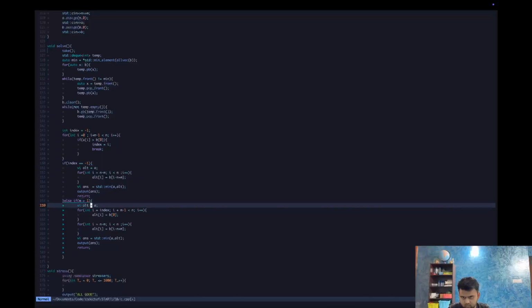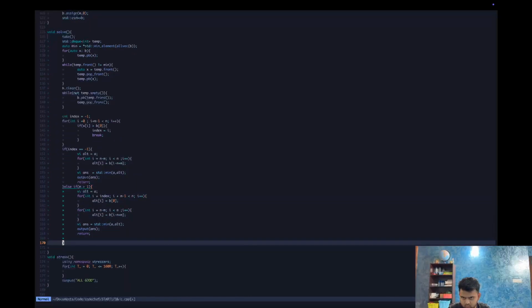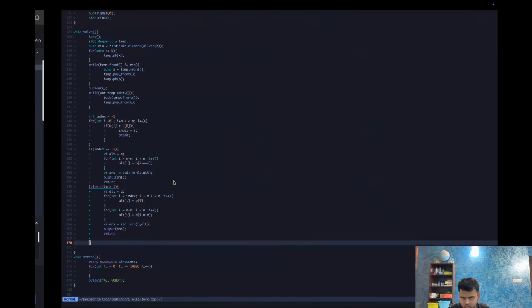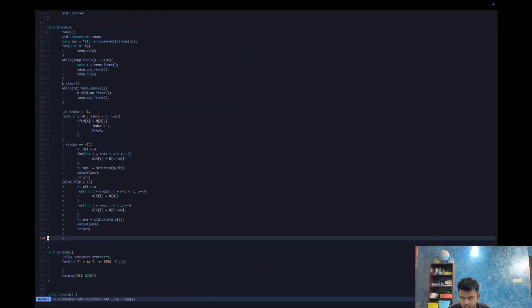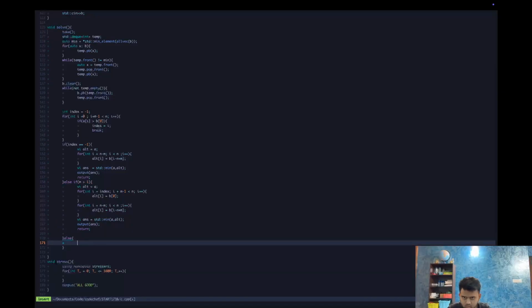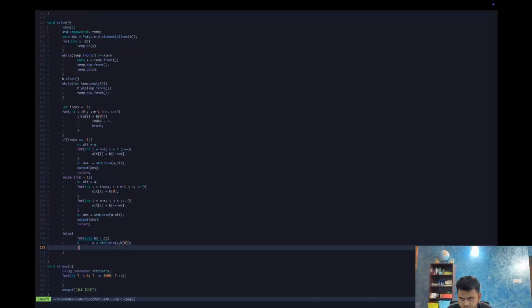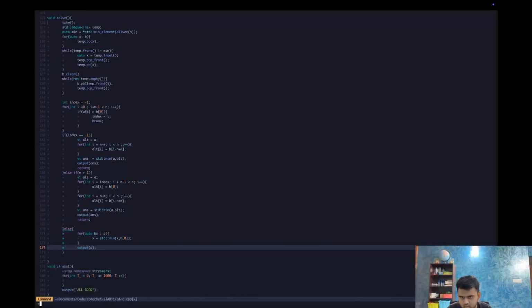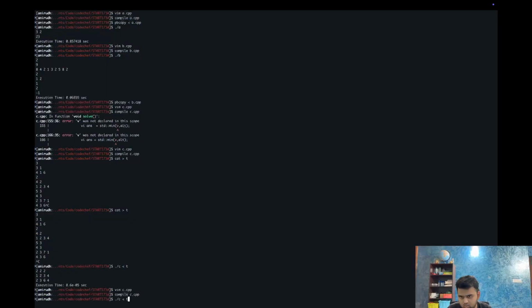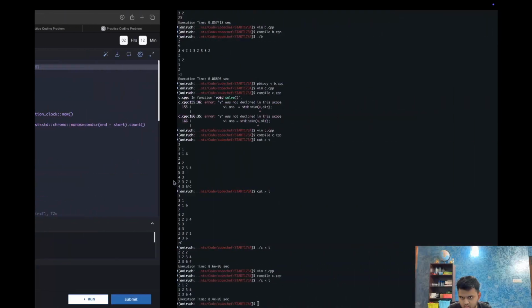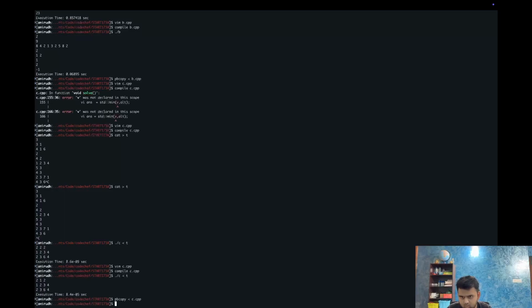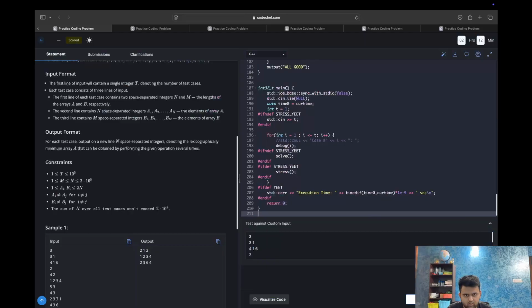If m is greater than 1, else, max a is equal to min(a, b, 0), output a. Should have tested, but YOLO.